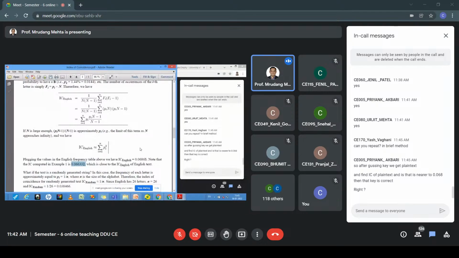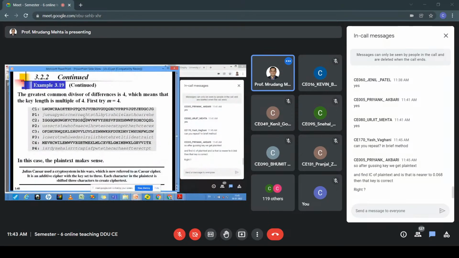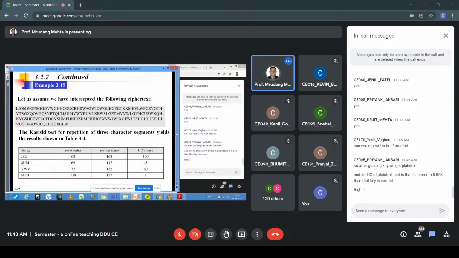Here what is available with you is the cipher text. So here you can calculate IC, then you apply the key, then you get the plain text, and then again you calculate IC, and if it matches, that means you have found the correct key.